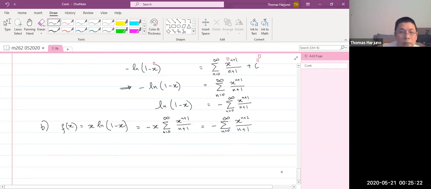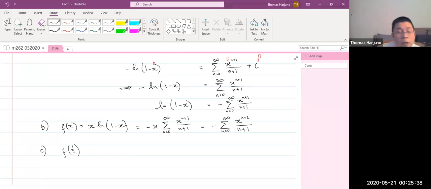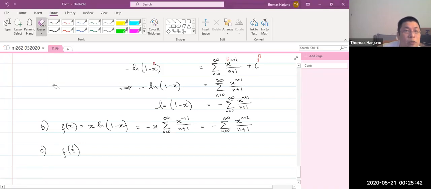Then part C. What is f(1/2)? I'm sorry, the question is more about what is ln(1/2). Now ln(1/2) is natural log of 1 minus 1/2, right?